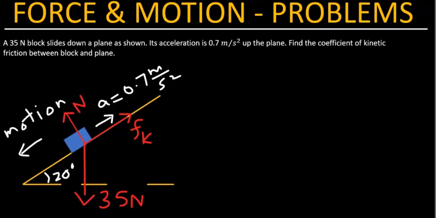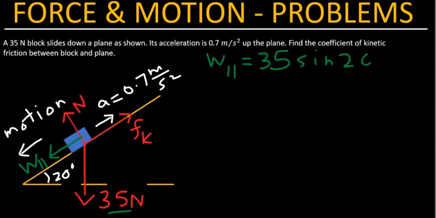Next thing to sketch or to label is the component of this 35 newtons, both along the plane and perpendicular to the plane. Along the plane, the weight has a value. Let's denote that as W parallel, and W parallel has a value of 35 sine 20 degrees, where the 20 degrees is the angle of inclination.